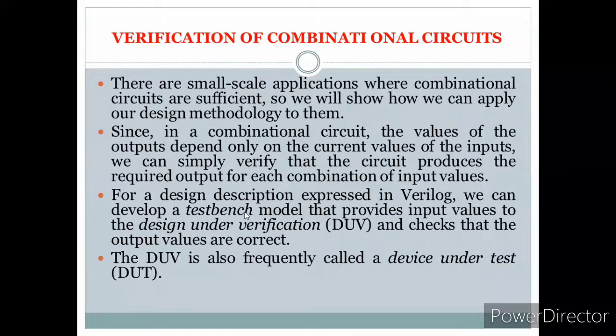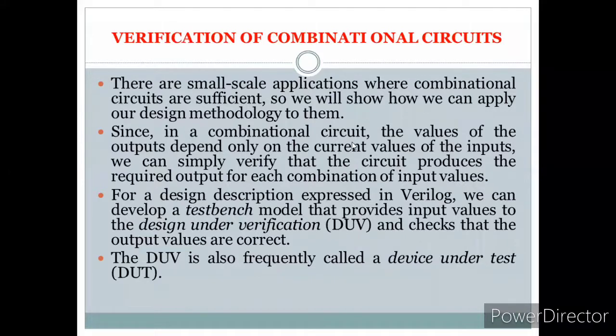The test bench gives inputs to that model, and the respective outputs are verified with the help of a simulator or any other method. Since we have studied simulators and seen the model practically, let us say that we can see the output at the simulator.